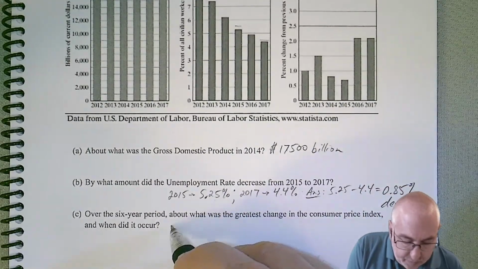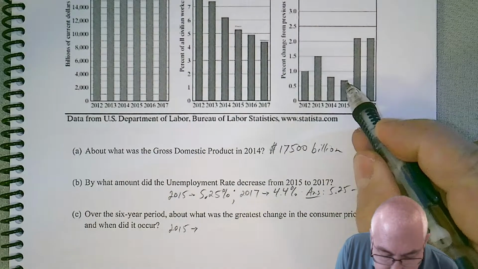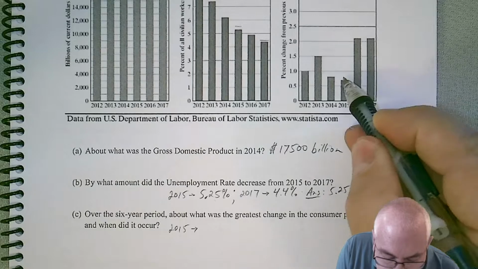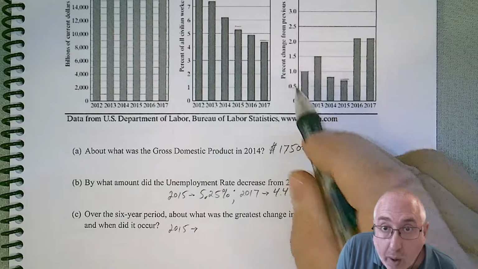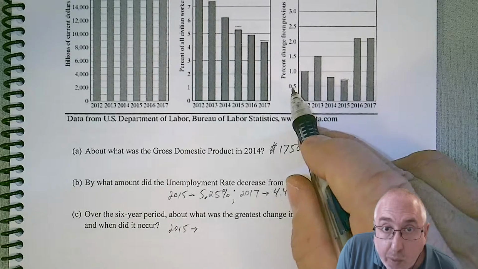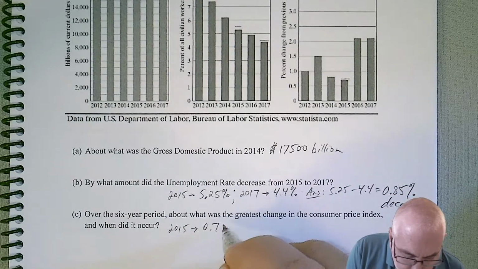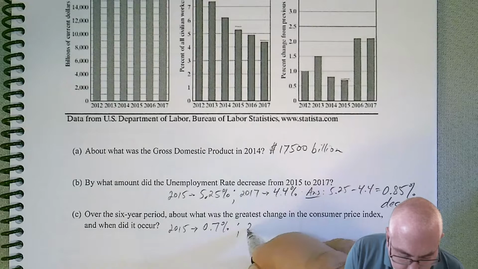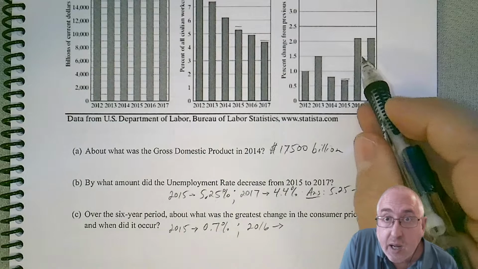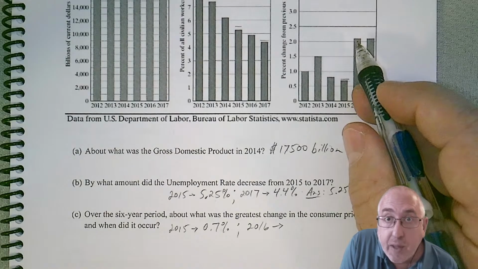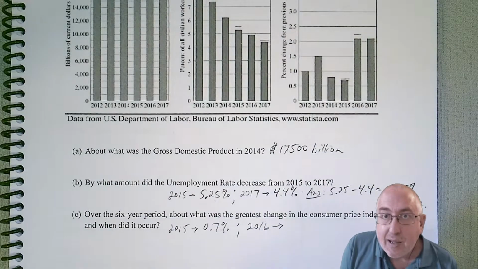So for 2015, it looks like it's a little bit less than halfway between 0.5 and 1. So halfway would be 0.75. So I'm going to say it's 0.7. 0.7% there. And 2016, let's see, 2016, it's above 2. And again, if we looked at the halfway point, it's right about there.